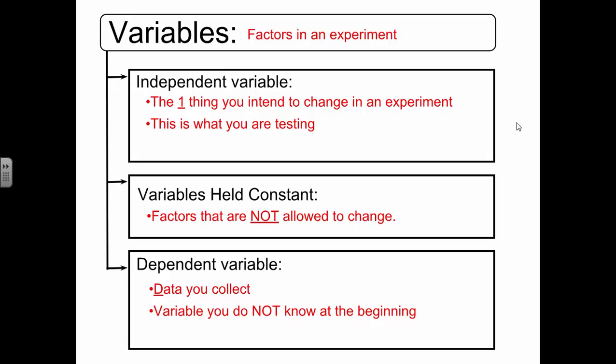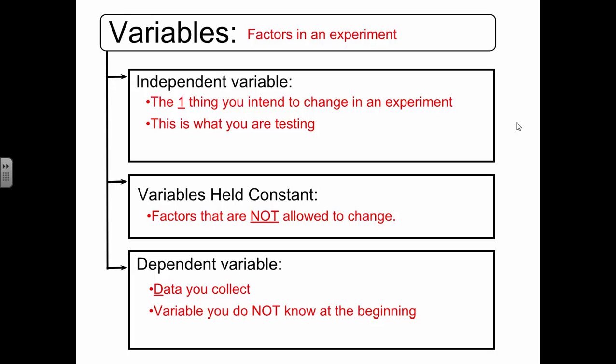Tyler? It'd be if they would gain weight or not. No? Lucia? Yes, the one thing that was different between my two groups of mice, the thing I'm testing, is whether or not they got vitamin C.